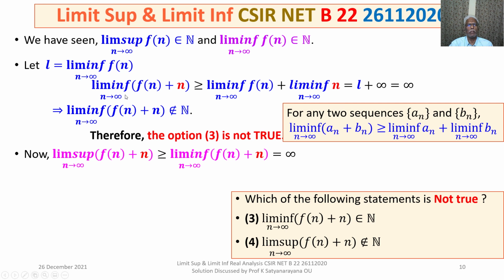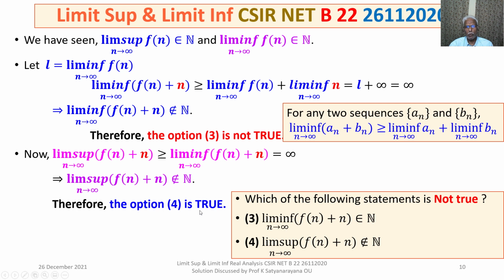Limit superior is always greater than or equal to limit inferior, which is what we saw in the first slide itself. And we have seen that limit inferior of f of n plus n is infinity as above. Therefore, limit superior of f of n plus n does not belong to the natural numbers, and option 4 says it does not belong to N, so therefore it is true. So option 4 is true.